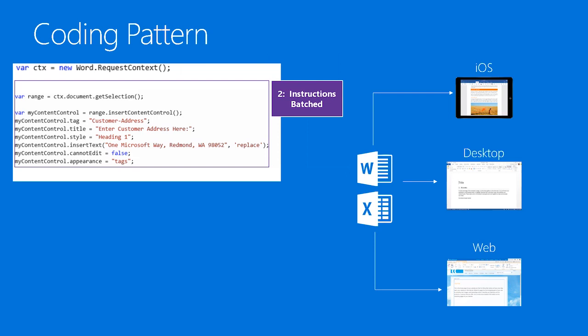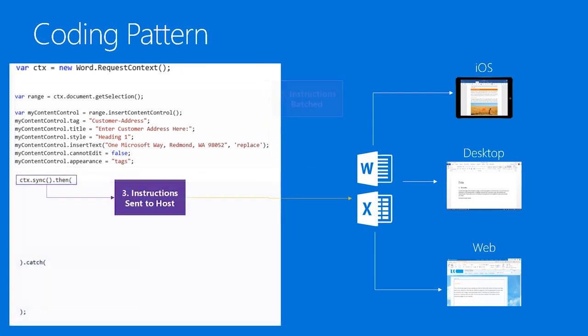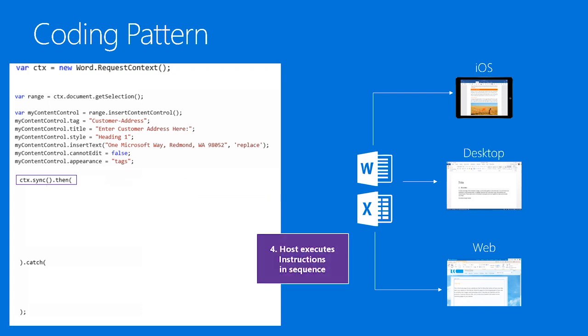When you call context.sync, all these batched instructions are going to be sent to the client, and depending on where the solution is executed, it could be iOS, desktop, or the web, they will get to the host and will start executing one by one in the order of your script. And when the host is done executing those instructions, we're going to call the then part of the context.sync, and then you can do further instructions as you need.